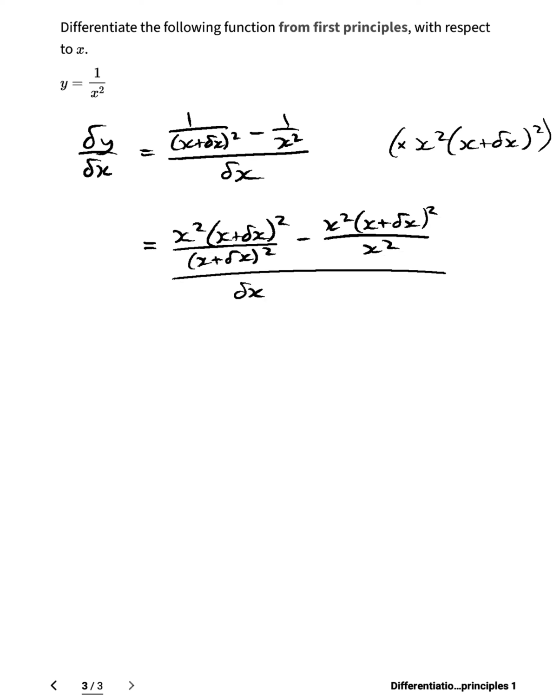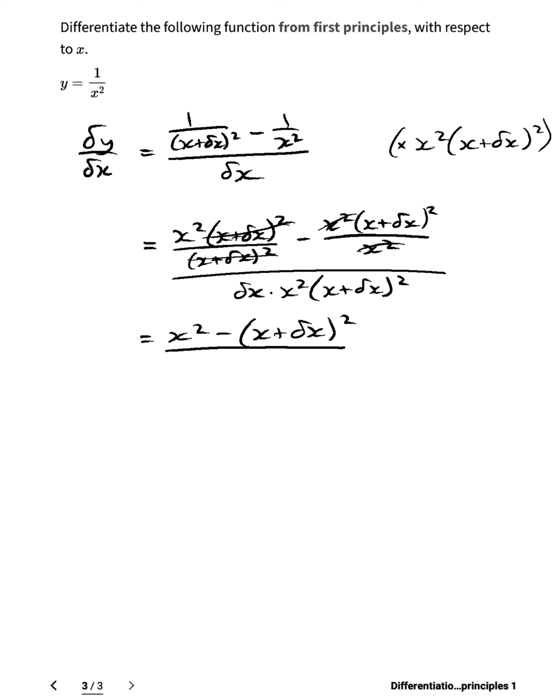You have to multiply here as well, so delta x times x squared times this. Alright, so far it just looks worse, but now we can see that this bit cancels with this, and this cancels with this. So we're left with x squared minus x plus delta x all squared over.